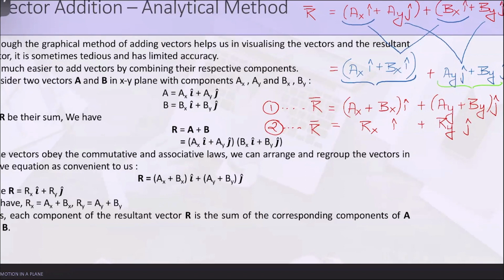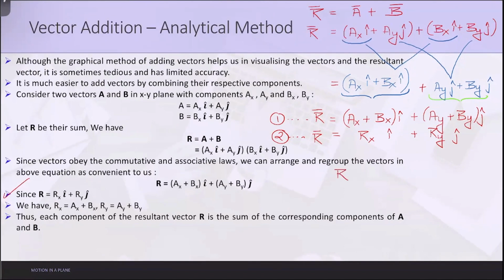We can write that rx is equal to ax plus bx, and similarly ry is equal to ay plus by. I'm just observing these two equations and trying to find out what rx and ry are equal to. So therefore we have rx equal to ax plus bx, and ry equal to ay plus by.